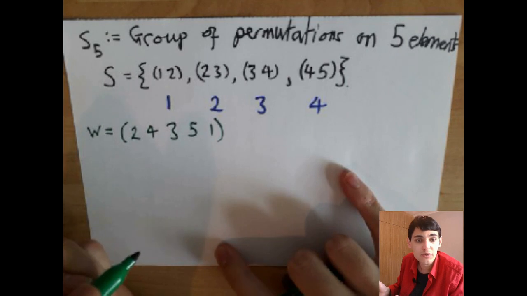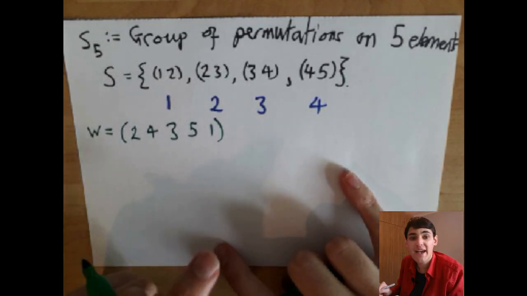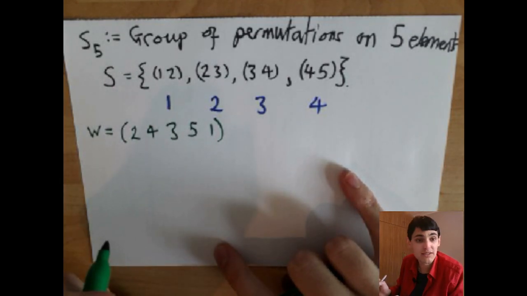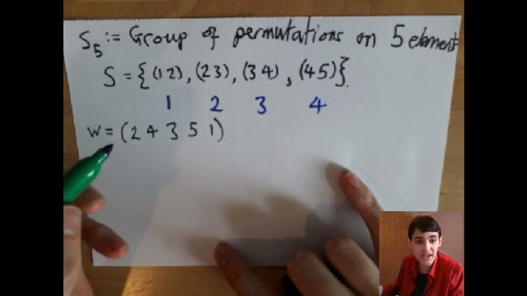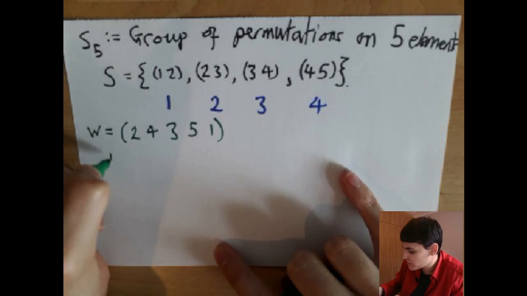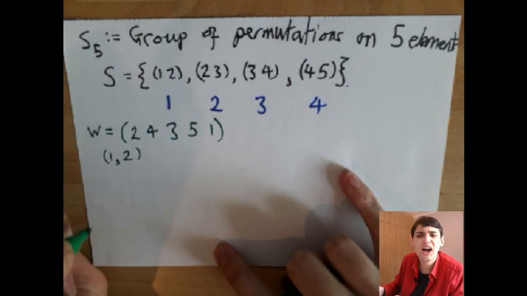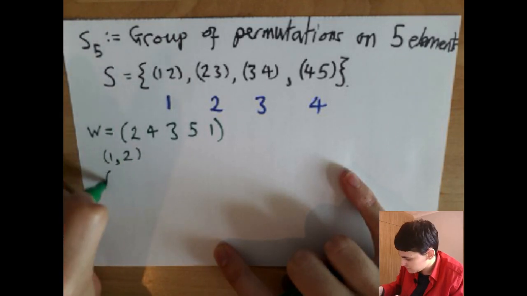We want to calculate the number of pairs (i, j) with i less than j, which when acted upon by W, have W of i greater than W of j. So let's work out the appropriate pairs and what they get sent to. We have 1, 2, and I'll speed this bit up.